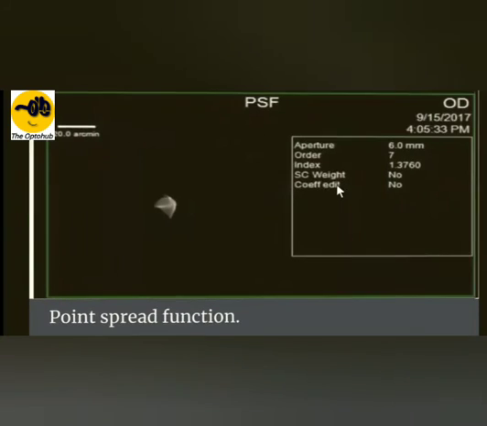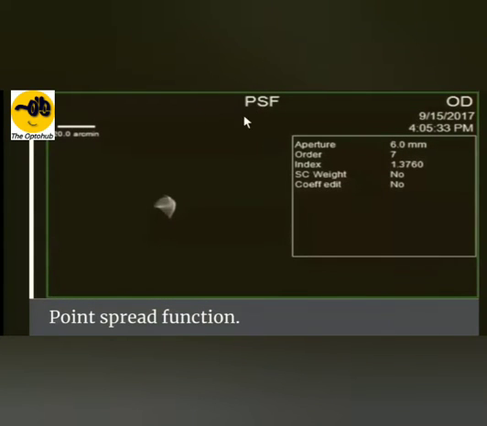Okay, and next is a PSF, point spread function. Now the name only suggests what it is. Suppose a point object is shown to an eye, an ideal optical system will form a point image. But as we know, the eye does not have a perfect optical system. So whenever there is a point object, it will not form a point image on the retina.